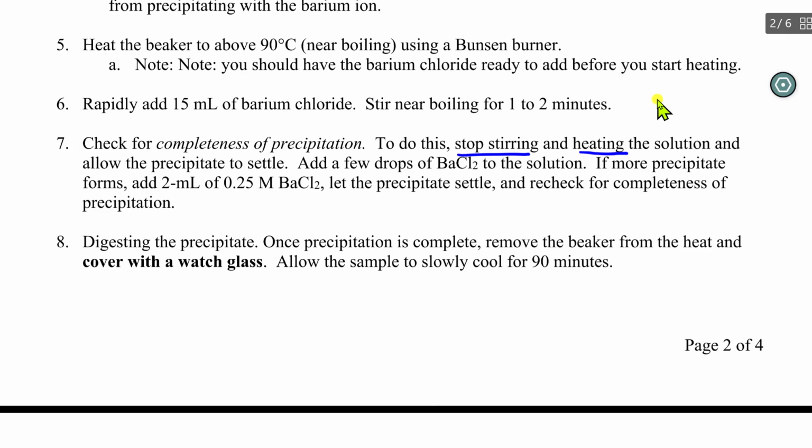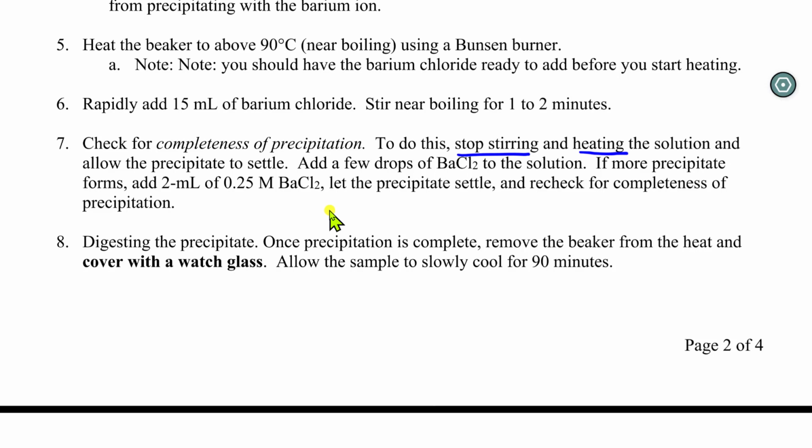Now, you let that settle, and you add a few drops of barium chloride to the solution. If you see more solid form, you need to add 2 more mils of the 0.25 molar barium chloride. That lets us know whether you have completed the reaction.